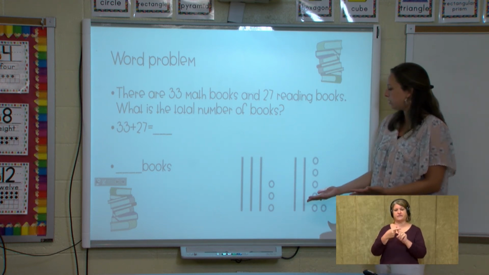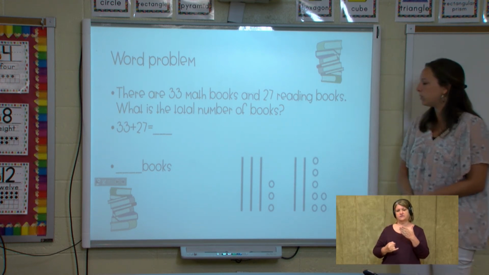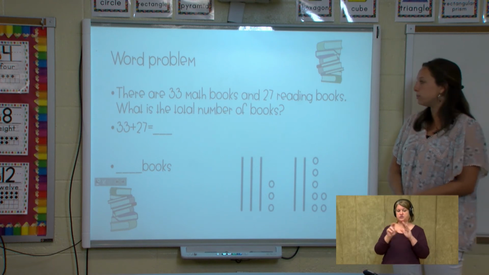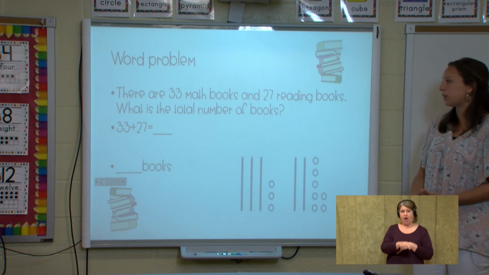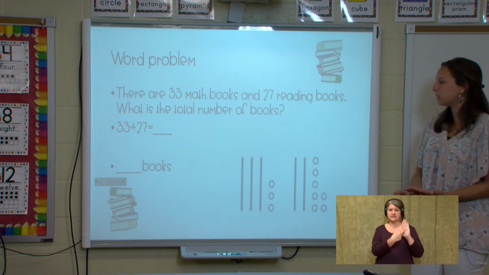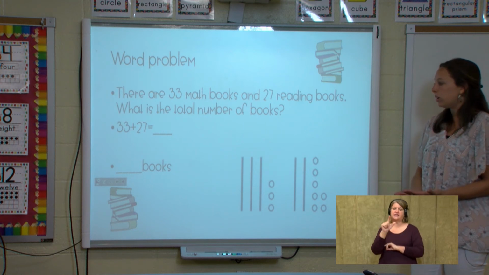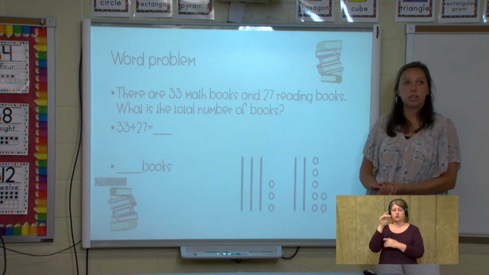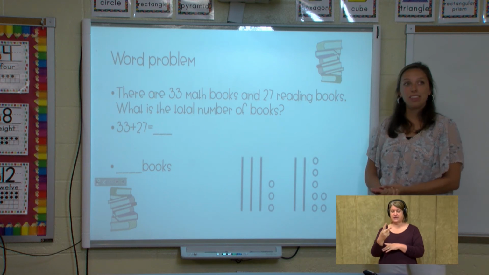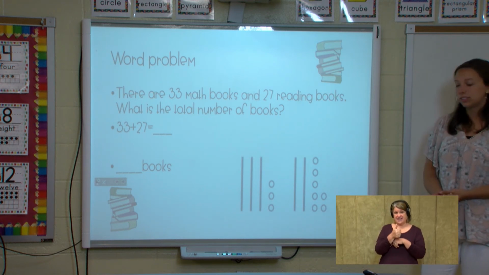I drew out the equation using my rods and my cubes to represent 33 and 27. You're going to count your ones to see if you can make a group of 10, and then add your tens and your ones.